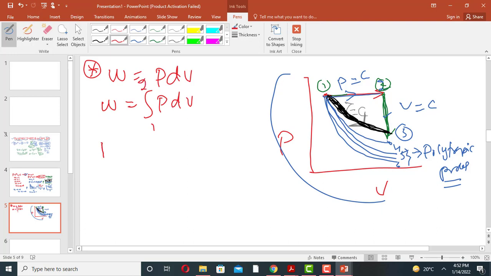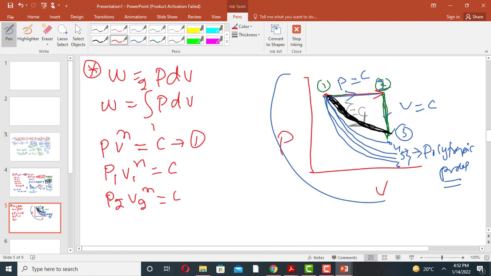From equation number 1, which is the polytropic process, PV^n is equal to constant. At point number 1, equation number 1 will be given as P1 V1^n is equal to constant. At point number 2, equation number 1 will be given as P2 V2^n is equal to constant. Suppose this is equation number 2, this is equation number 3.